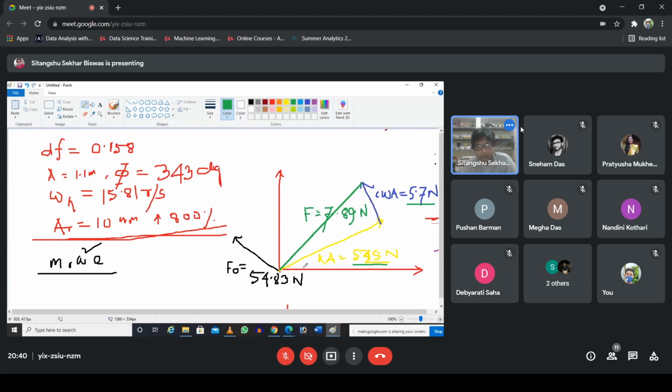Now one mistake was there. The angle here is 343 degree. 343 means this is 90, 270, so that will be the fourth quadrant, somewhere here.